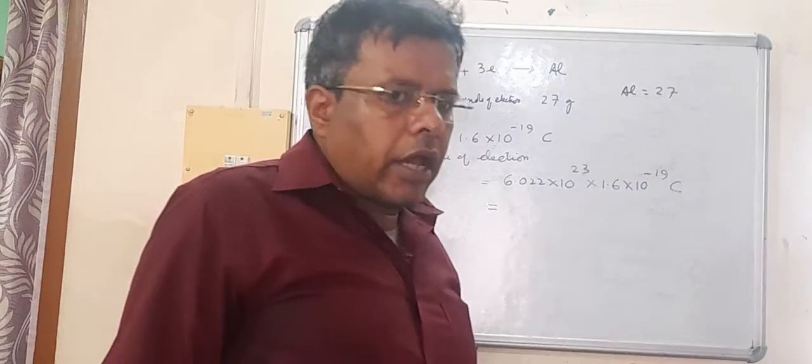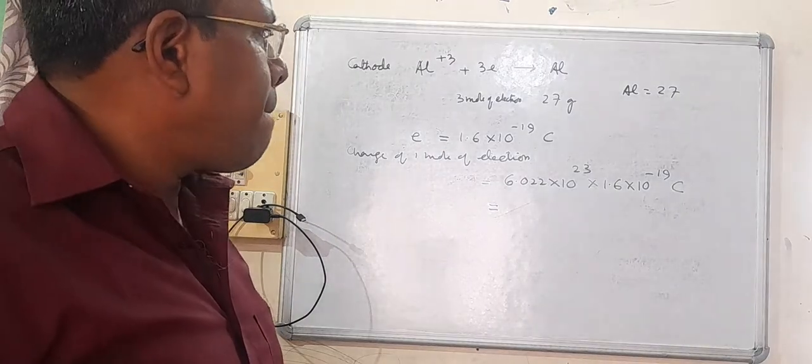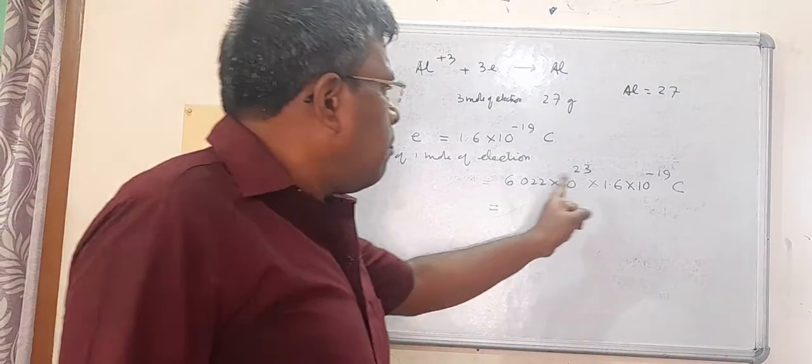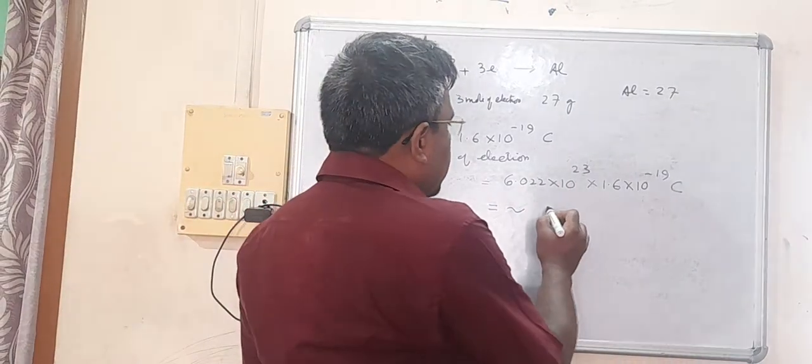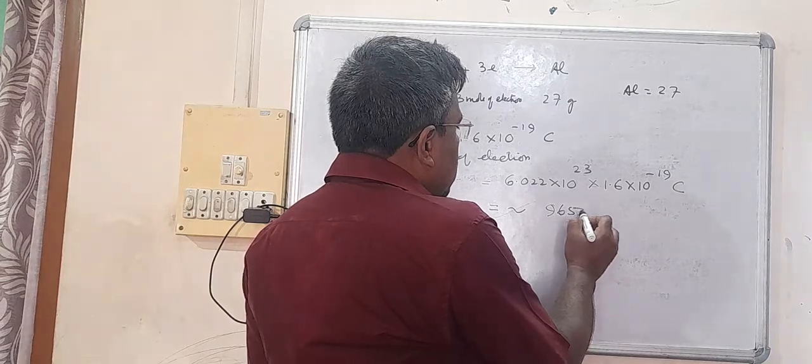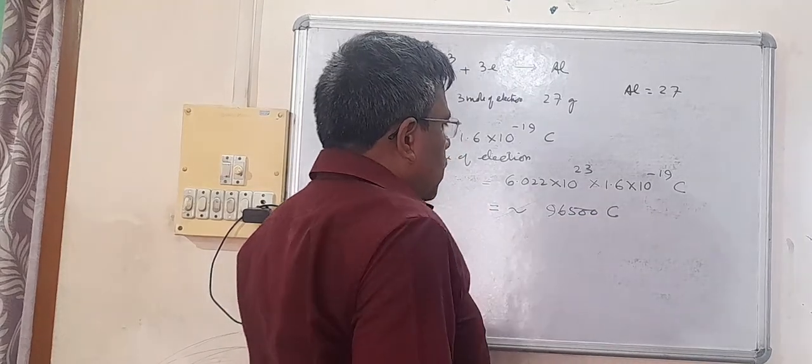This is the charge carried by 1 mole of electron, and if we simplify this, this quantity will come approximately 96500 coulomb.